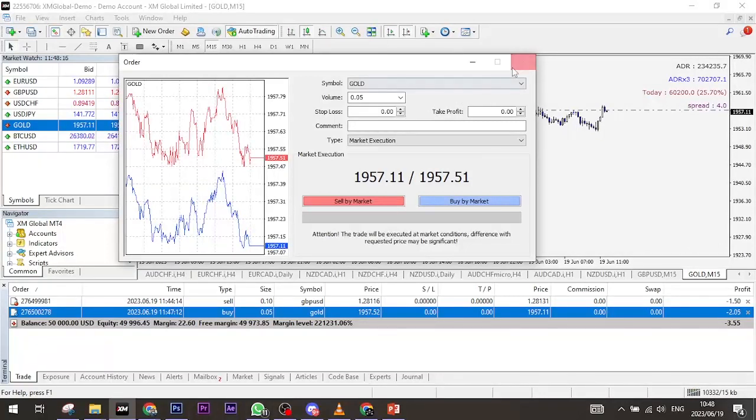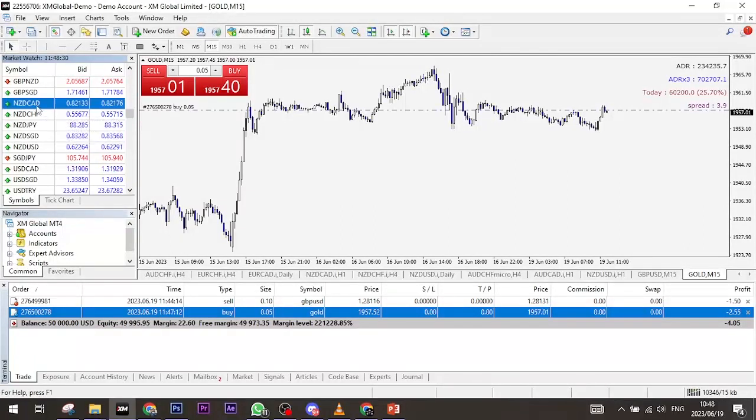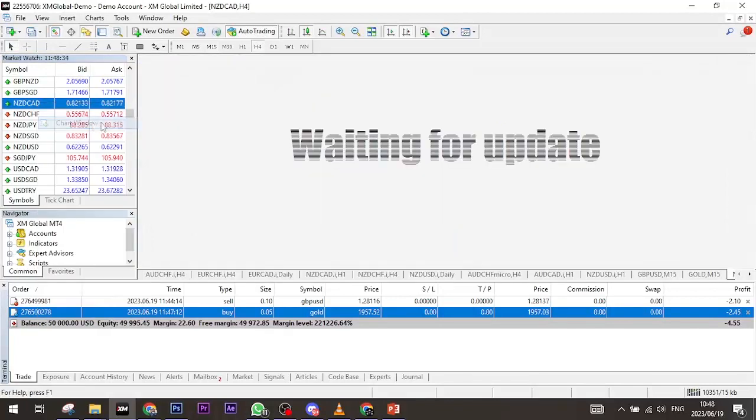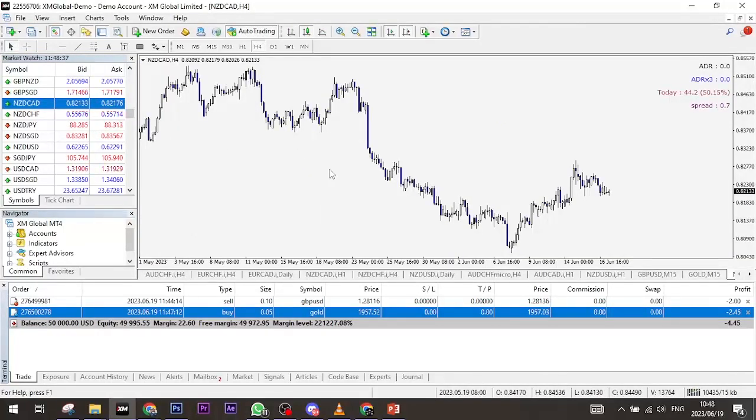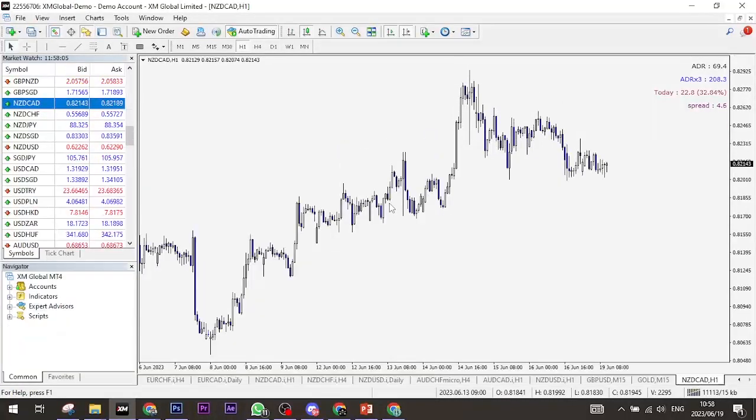So now let me open another pair and then show you what I'm talking about here. Let me open up NZD-CAD. Okay, now I have opened NZD-CAD here, and I want to place a buy order here.